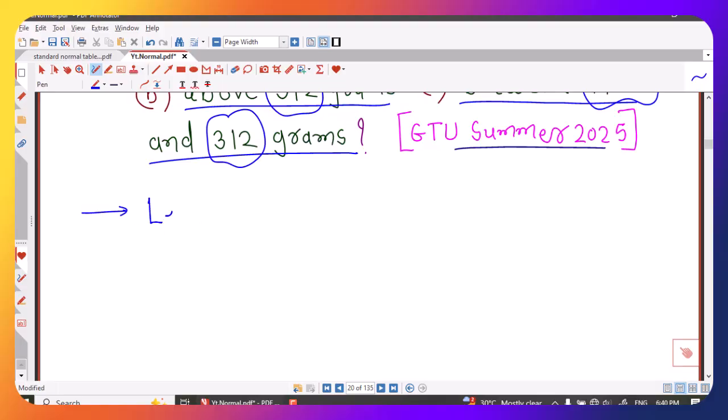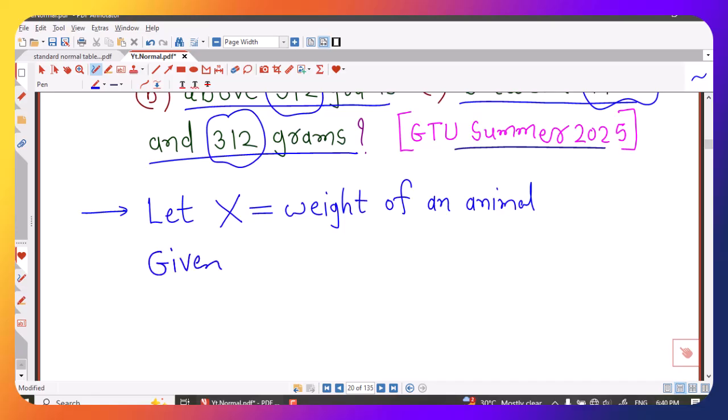So first we consider capital X, which is our normal random variable, equal to weight of an animal. Here it is given that weight of animal is normally distributed, and we are also given the values of mean and standard deviation for this normal random variable.